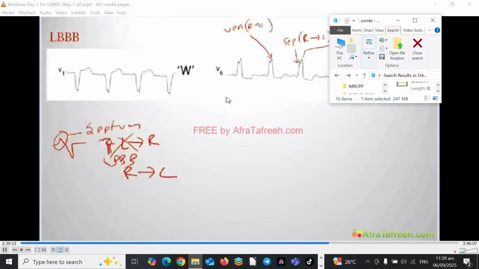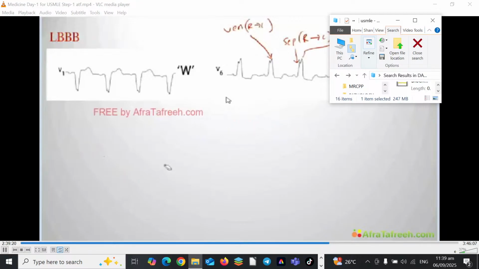When you're talking about the left bundle branch block, it is always present in pathology, and the most common pathology in which a left bundle branch block is present is myocardial infarction. So MI is the most common and the most important pathology left bundle branch block is present in.